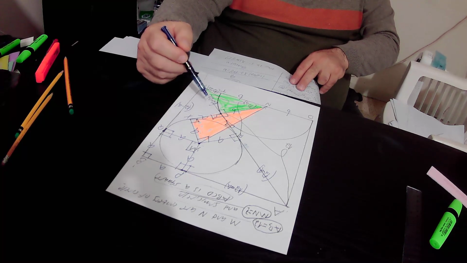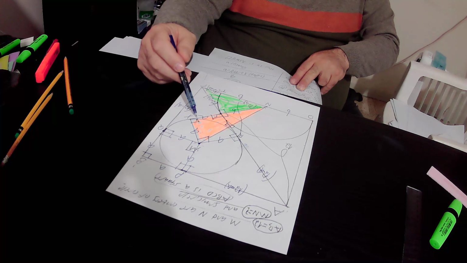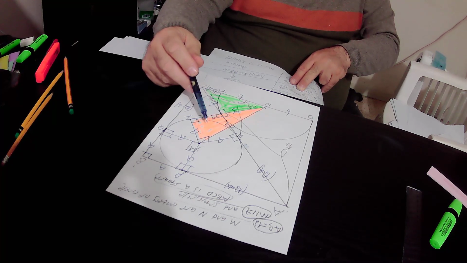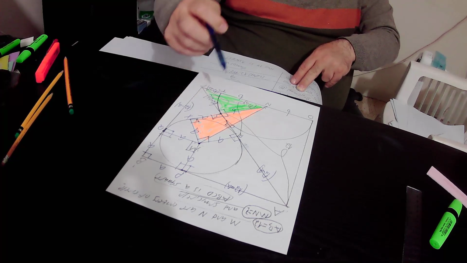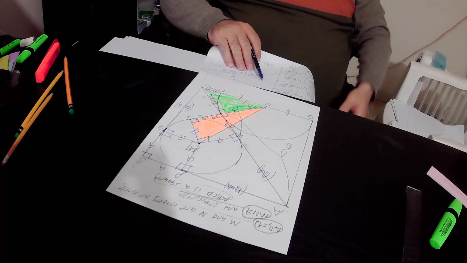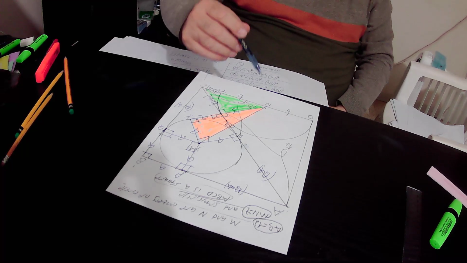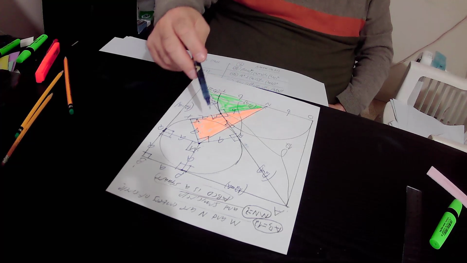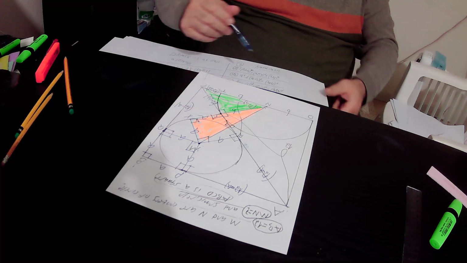So in triangle MXN, angle MXN is 90 degrees, therefore the orange triangle, triangle MXN, is a right triangle. Therefore, we can implement the Pythagoras theorem on the orange right triangle. According to the Pythagoras theorem, the square of the hypotenuse equals the sum of the squares of the perpendiculars. The hypotenuse is MN, so MN square equals MX square plus XN square.